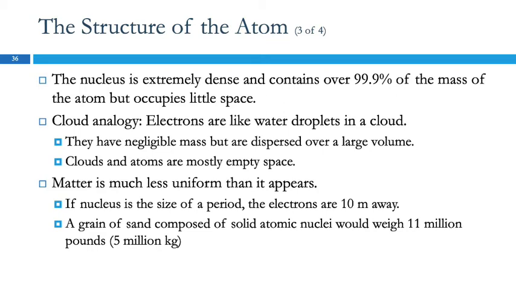The nucleus is extremely dense, and that's really an understatement. You've got more than 99.9% of the mass of an atom in the nucleus, but it occupies very little space. And so your book has some analogies and things to help us think about it.